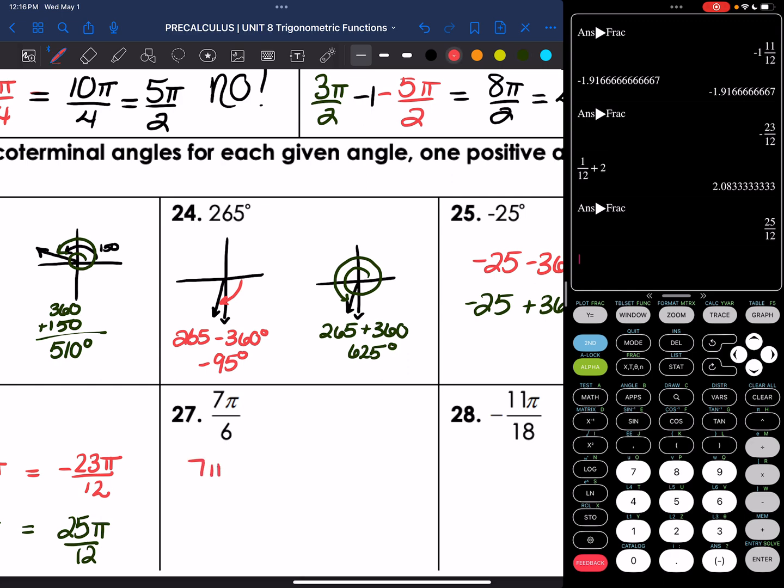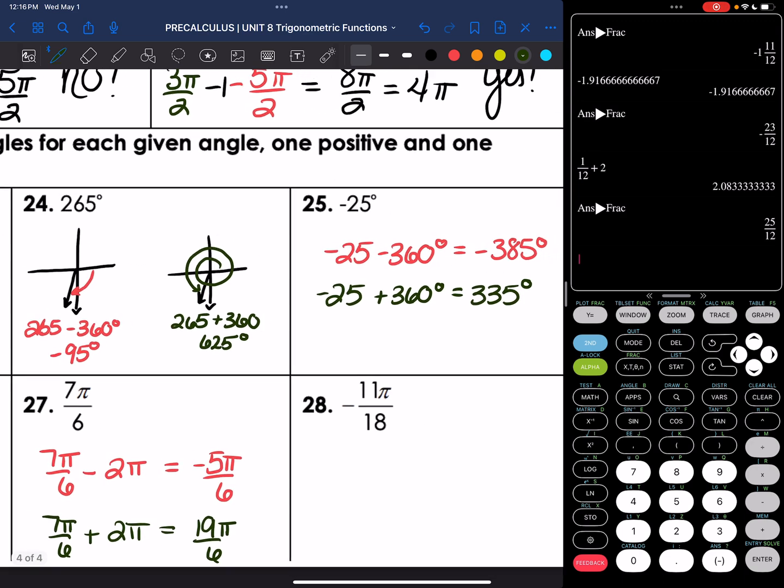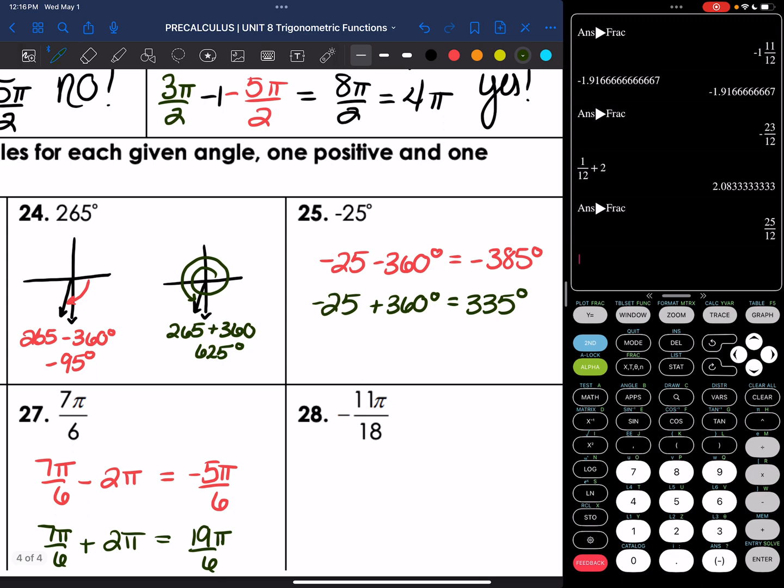For the negative, we would subtract our 2 pi. When you do that, you would have a negative 5 pi over 6 as a coterminal angle with 7 pi over 6. But if you go in a positive rotation and add 2 pi to it, then that's going to put you at 19 pi over 6. This last one is a negative radian angle measure. Same idea.